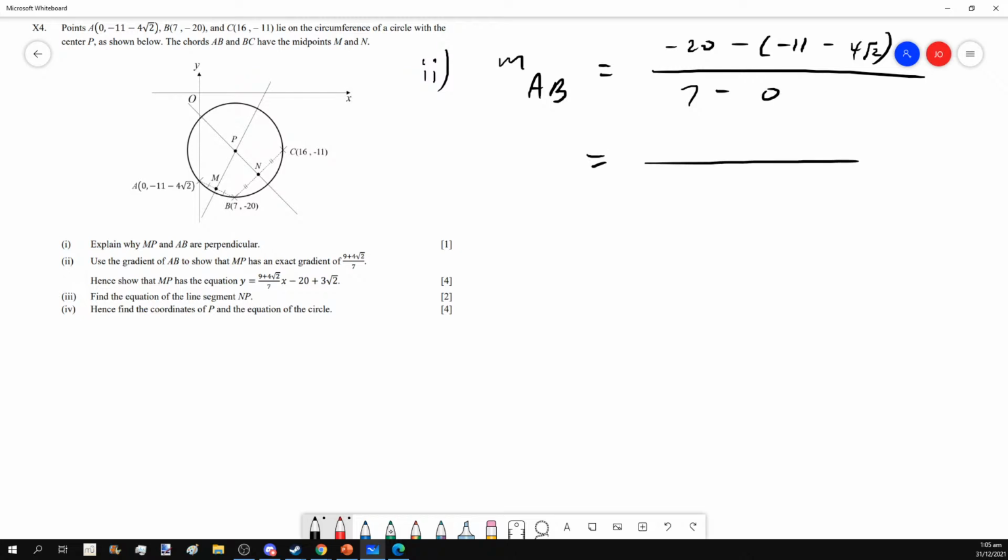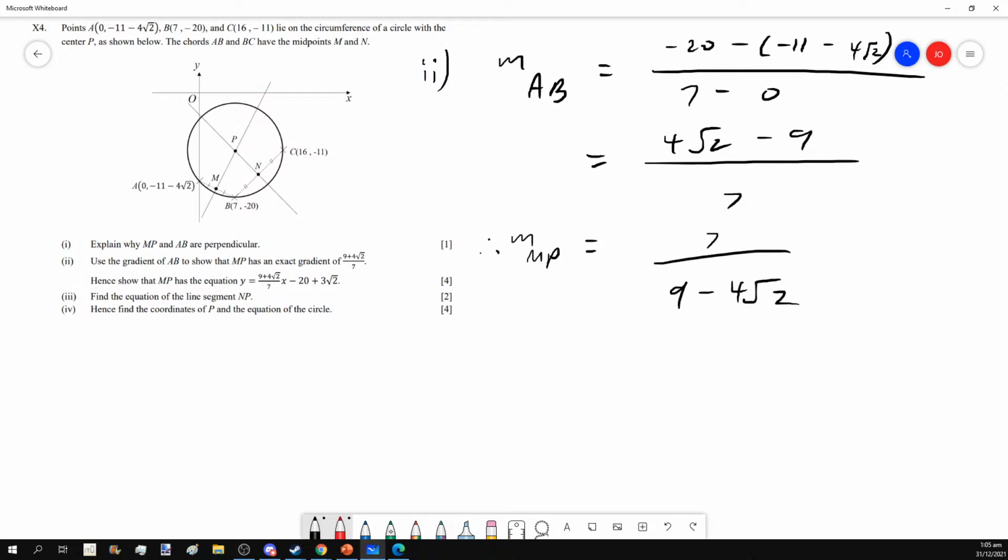This will give us the following scenario. Let's see, 4 root 2 minus 9, and therefore the gradient of MP is equal to the negative reciprocal. In other words, we should expect this result.